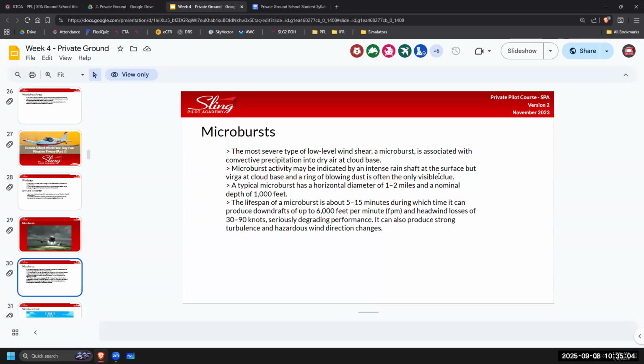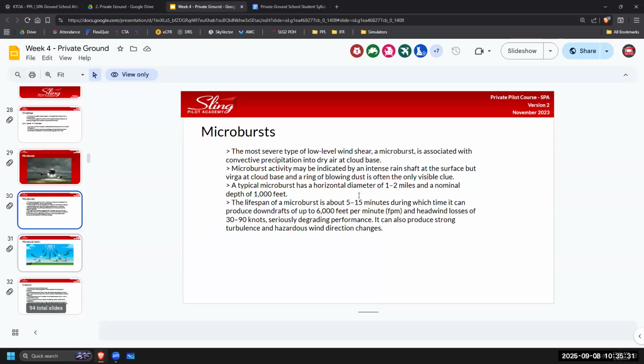Predicting the creation of microbursts doesn't seem to have a lot of advancement, but being able to detect it so that other pilots can get away from it, and training on how to escape and what kind of input you need to stabilize the aircraft during a microburst. We'll talk about that too.